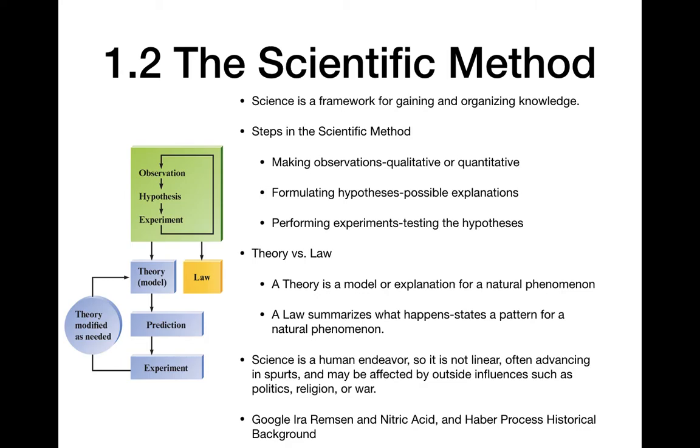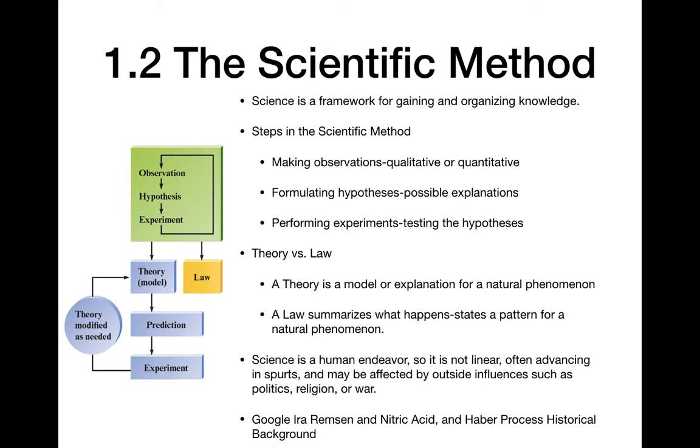Now, there are many ways that scientists proceed to gain knowledge, but the diagram to the left shows a general way of describing the way most scientists think. I'm not saying that everything that's ever discovered in science has to follow exactly this strict pattern, but it is a way of understanding how scientists think.